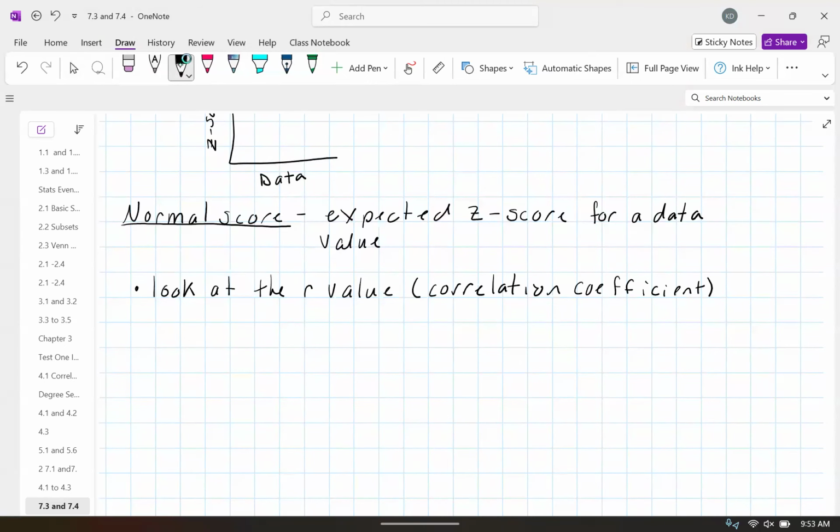I can't think of a case where it'd be negative in this circumstance. So we want our R as close to 1 as possible. The higher it is, the better it is. So a high R means our data is more normal.